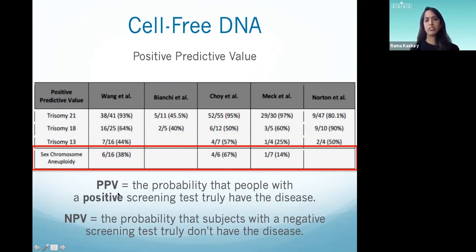And just to review, the positive predictive value is the probability that people with a positive screening test actually truly have that condition. So if you have a cell-free DNA test and it screens positive, make sure and look at those positive predictive values.